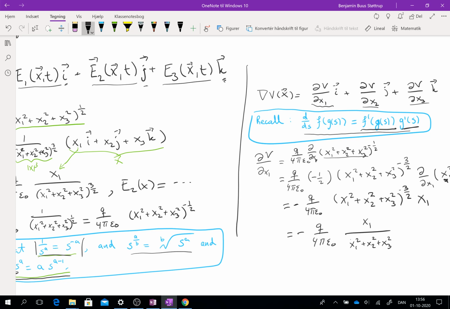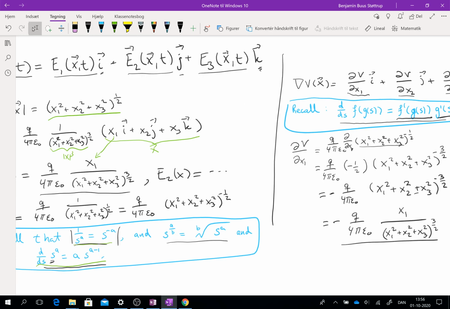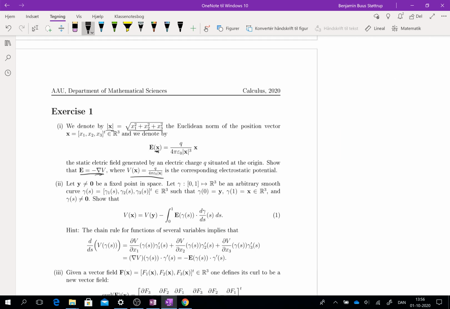So we just take care of this minus in the power by saying it's instead 1 over whatever we had here. Okay, and if we look at it, if we compare this guy to this guy, we see that only a minus is the difference. We have a minus here, so at least for the first component, we have then shown that this formula holds. And you can do exactly the same calculations with x2 and x3.